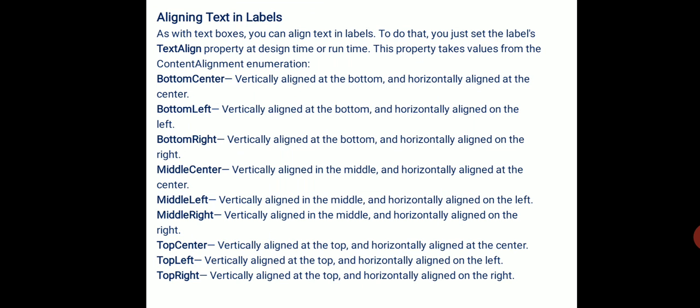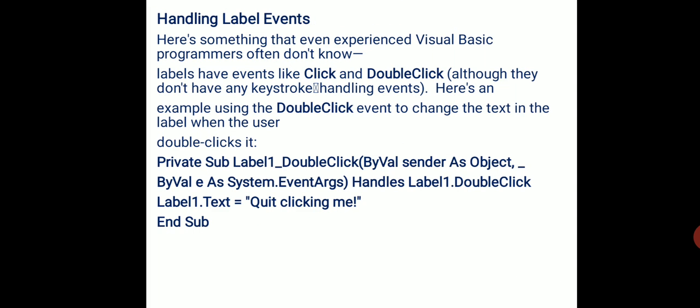You can test all these options practically. Now, handling label events. Labels have events like Click and DoubleClick. Already we have used the button's Click event, and here is the label's Click event. Here is an example of a DoubleClick event of a label.